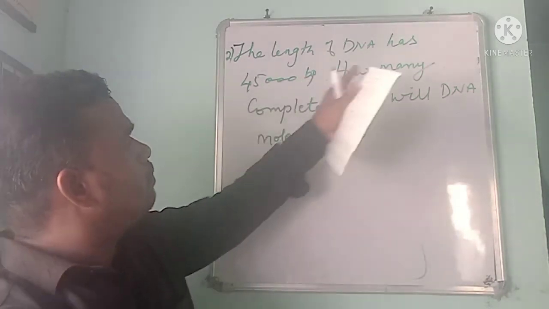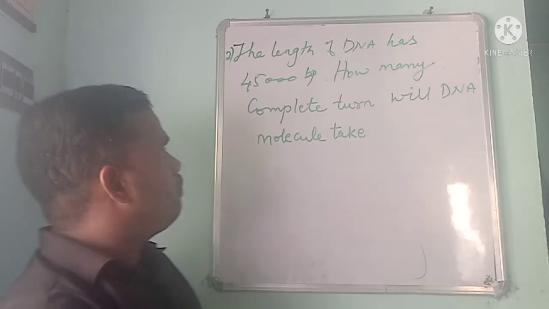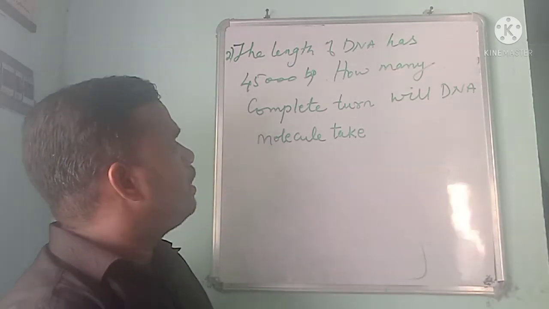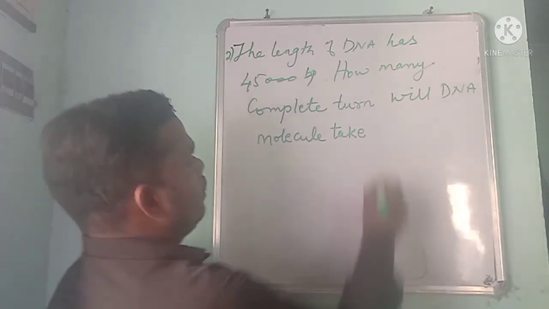The length of the DNA has 45,000 base pairs. How many complete turns will the DNA molecule take?